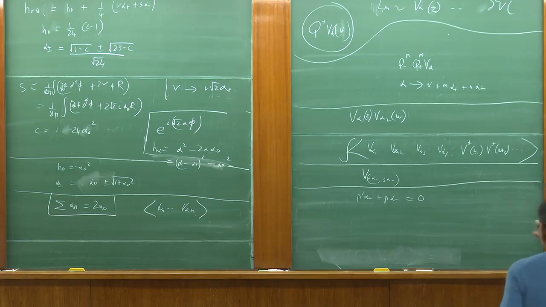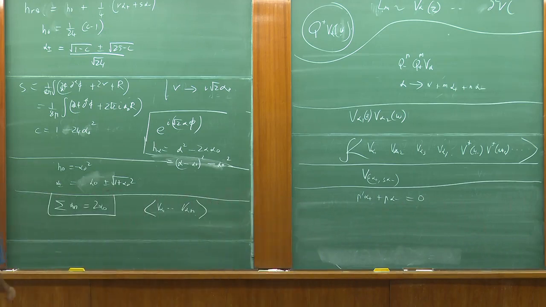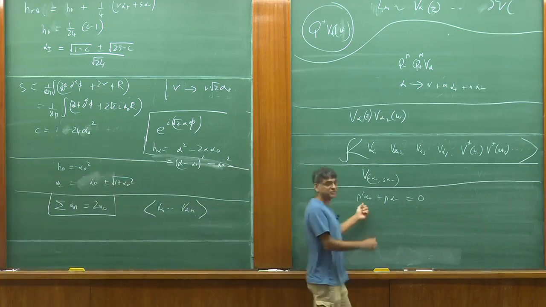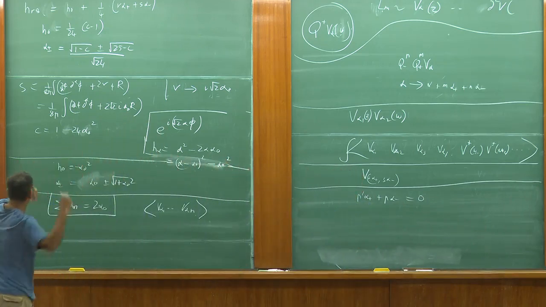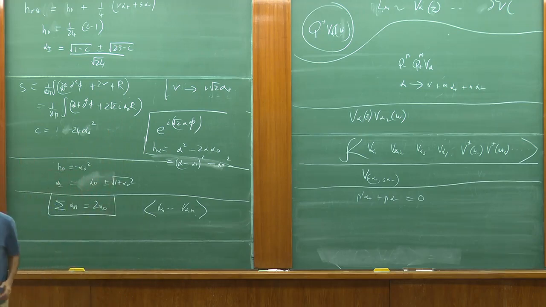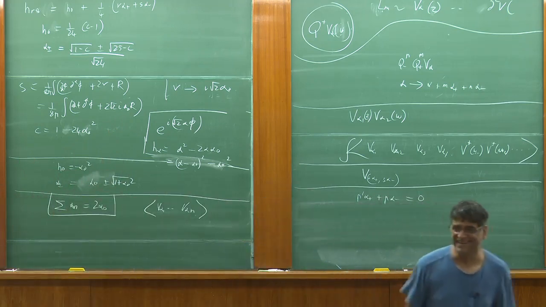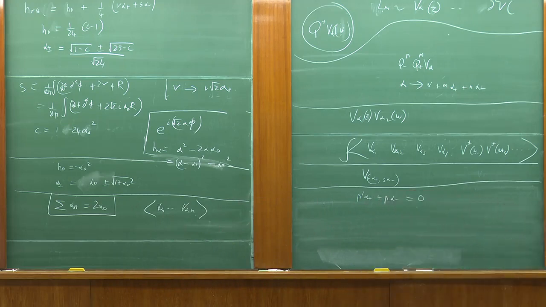So if we make this choice that P prime alpha plus P alpha minus equals 0, this is some constraint, because alpha plus and alpha minus are functions of alpha naught. This is some constraint on alpha naught. If we make this choice, which is of course also the choice we make when we study minimal models, already from this point of view, one good thing happens, which is that one of the infinities that you have in the game goes away. The infinities in the labeling of operators. Clear?